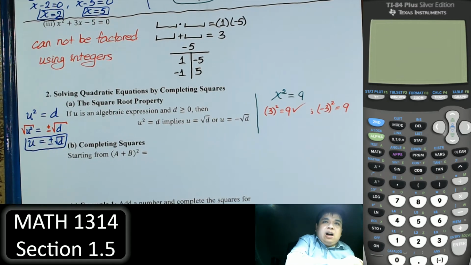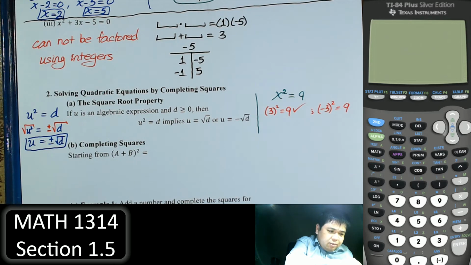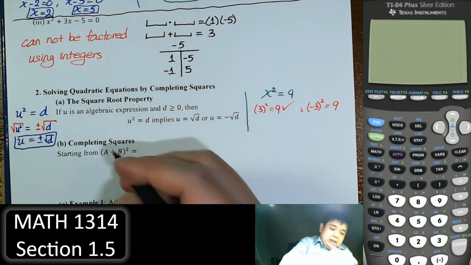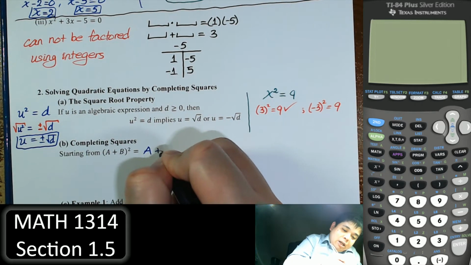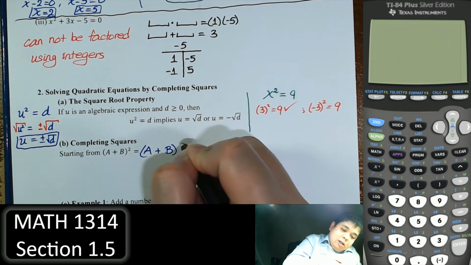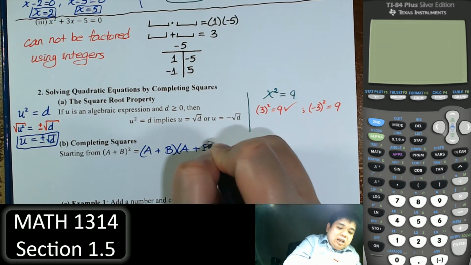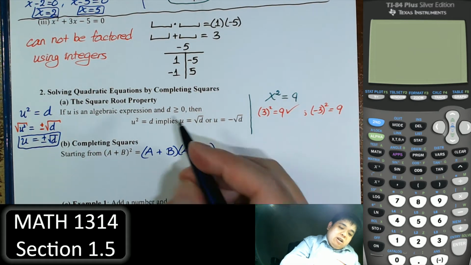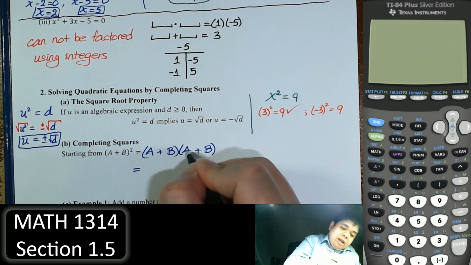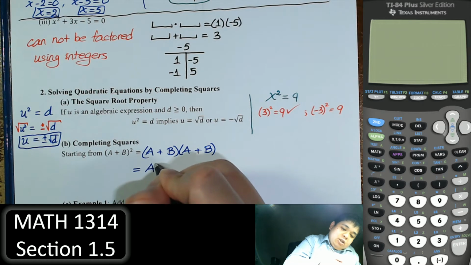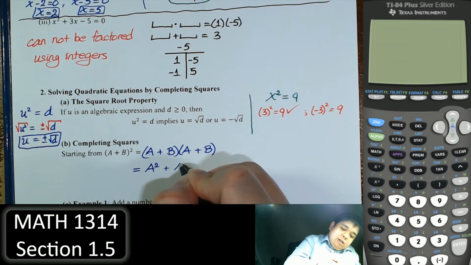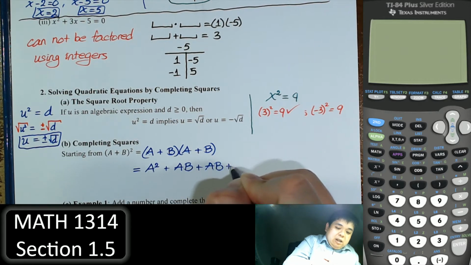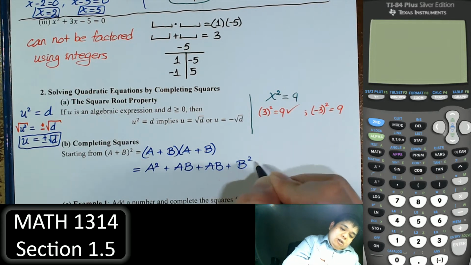So what is completing the square? Right. Let's say we have a square and multiply it out. Let's say what do we have? a plus b squared is a plus b times a plus b. Once again, just FOIL. First times everything in the second. a times a is a squared, a times b, b times a, but let's just write ab, and then b times b, b squared, right?